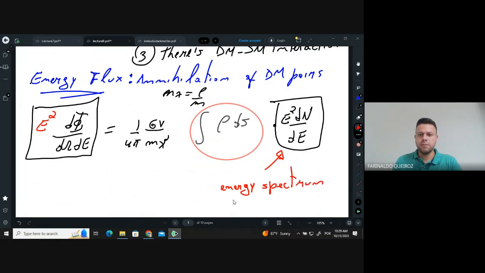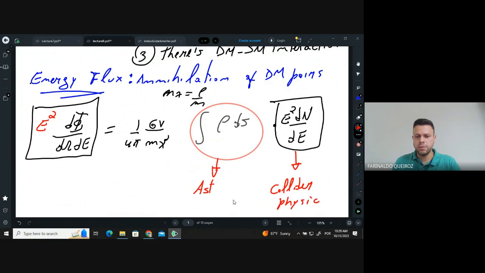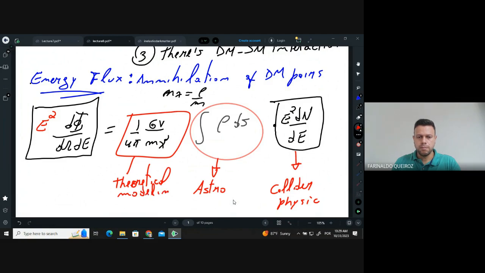So this is from, I'm going to write this: the energy spectrum comes from collider physics. This comes from astronomy or astrophysics. This comes from, let's say, your theoretical model in particle physics. And this is your measurement, your detector.